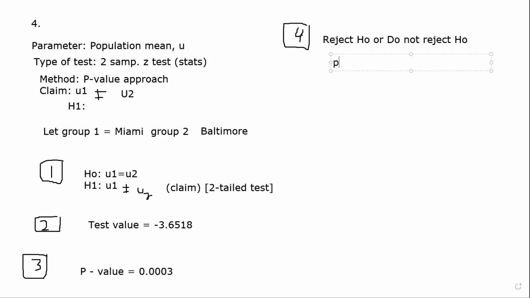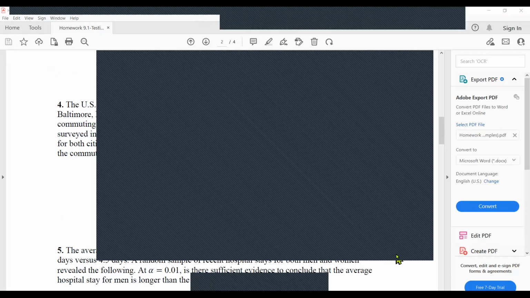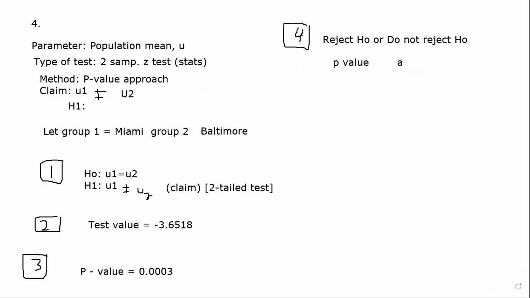So we have p-value versus alpha, right? And I believe my alpha was 0.01 for that. Let me check. My alpha was 0.05 for number 4. So here, I'm going to say that my p-value was 0.05.